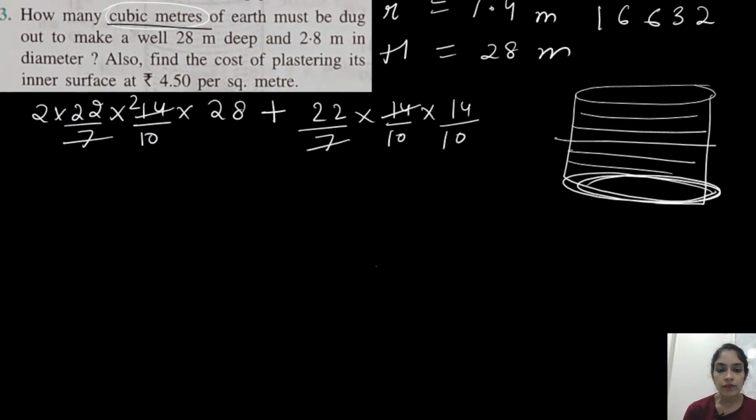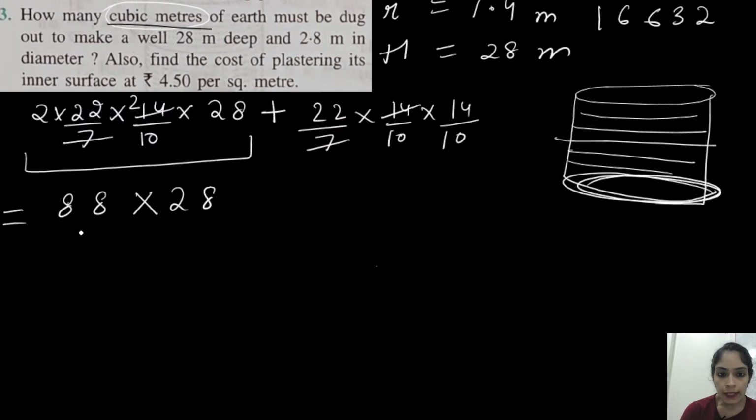Plastering its inner surface. Okay, what is the answer of this one? Only this part. So this is 2 into 22 by 7, into 14 by 10, into 28. 88 into 28 by 10.